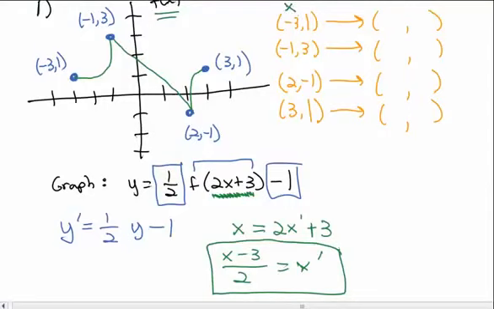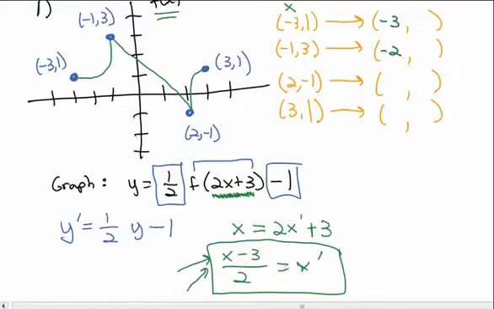So x's, that first column, negative 3 minus 3 is negative 6. Plugging into the x here in this formula in green at the bottom, x minus 3 over 2. So negative 3 minus 3 is negative 6, divided by 2 is negative 3. When I plug negative 1 in, the second point, negative 1 minus 3 is negative 4. Divided by 2 is negative 2.